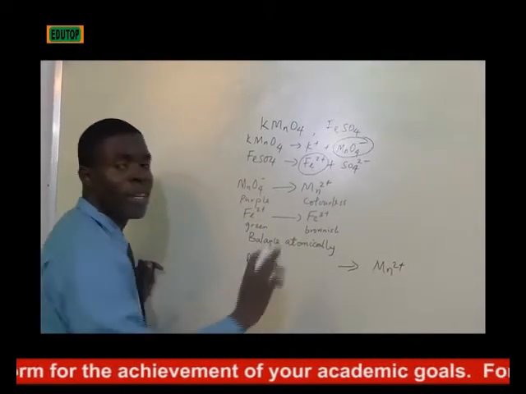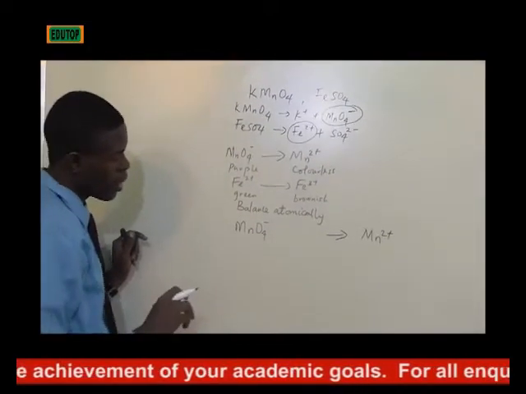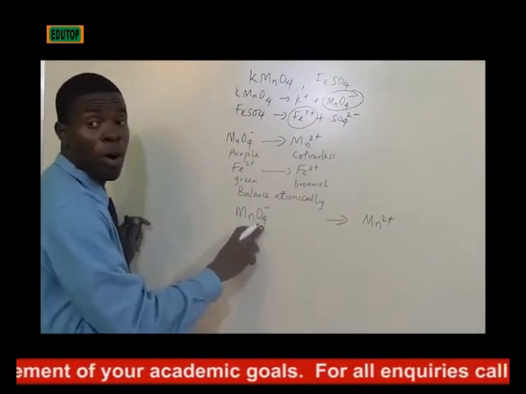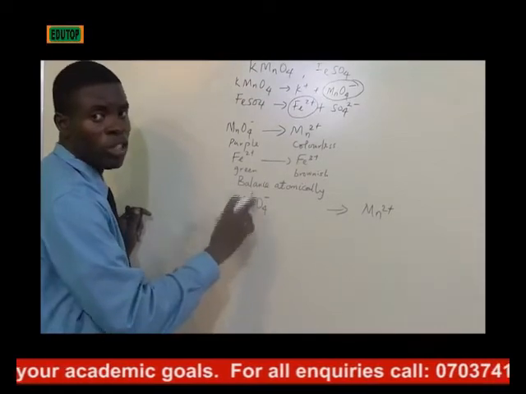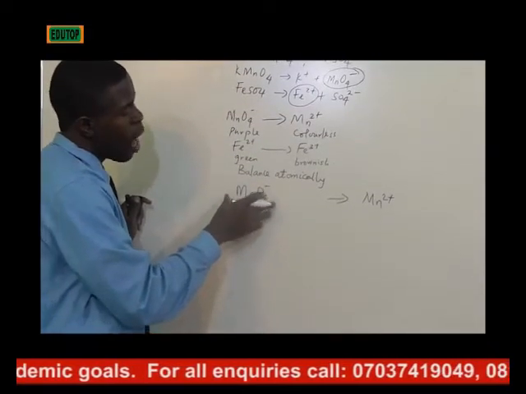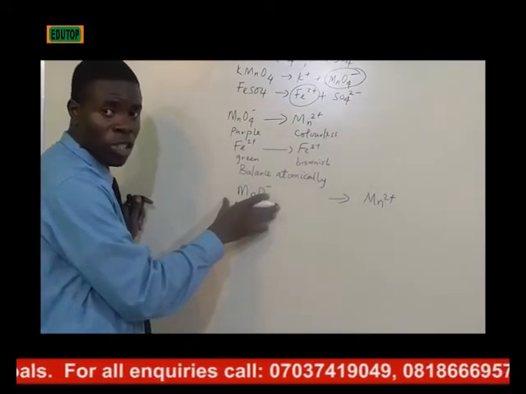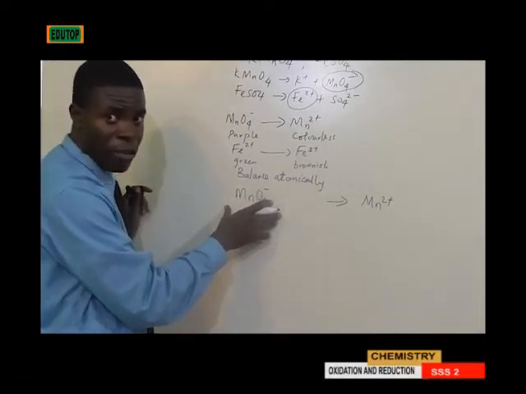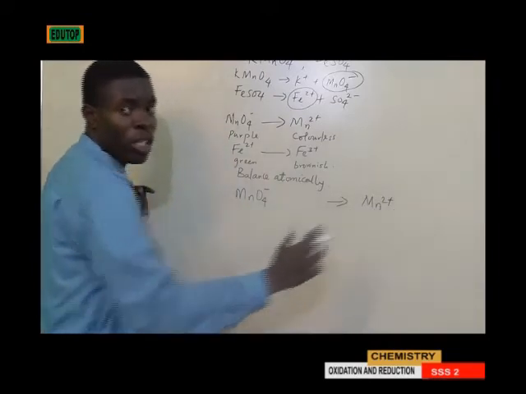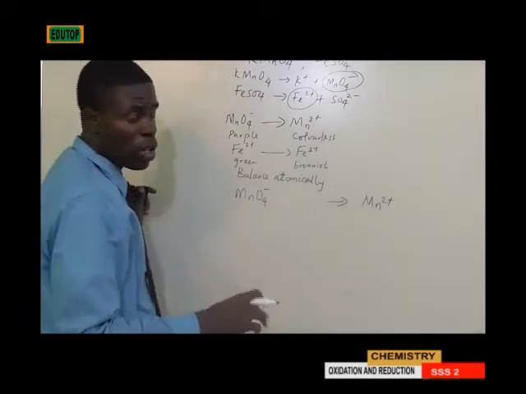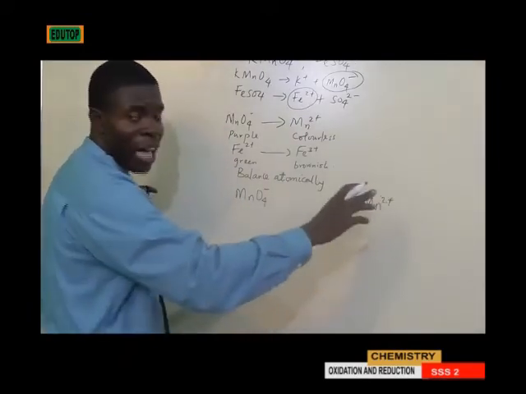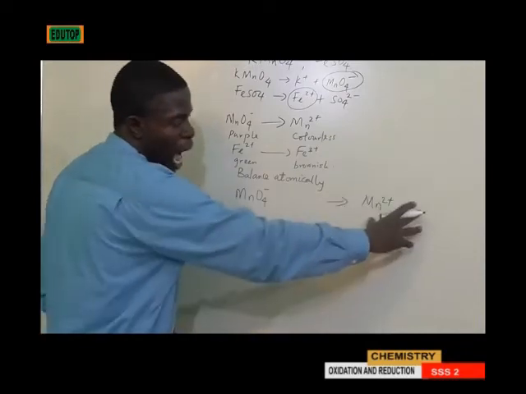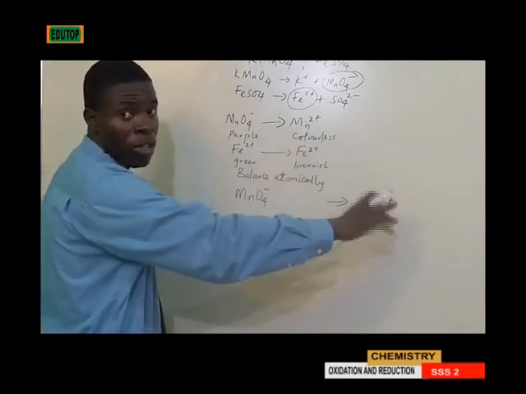So manganese is balanced. Now we have 4 atoms of oxygen here. And when you have 4 atoms of oxygen on the left hand side of the equation and none on the right hand side, to balance the right hand side, we need to add equivalent number of what?